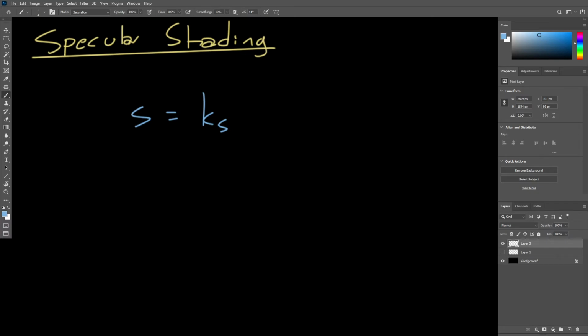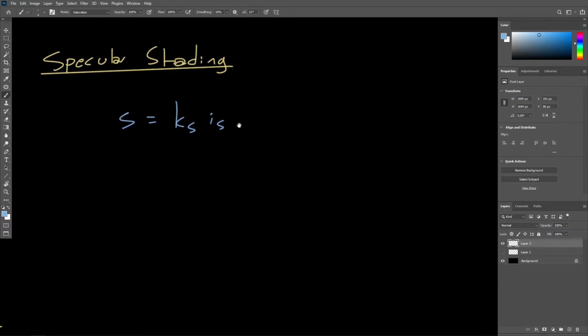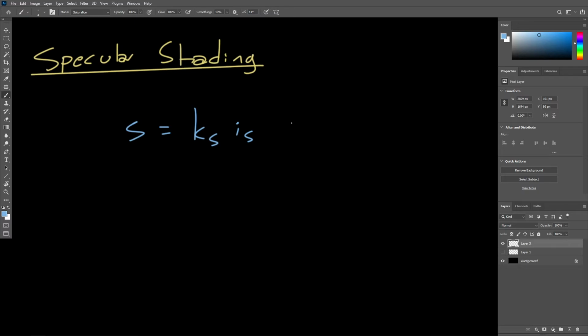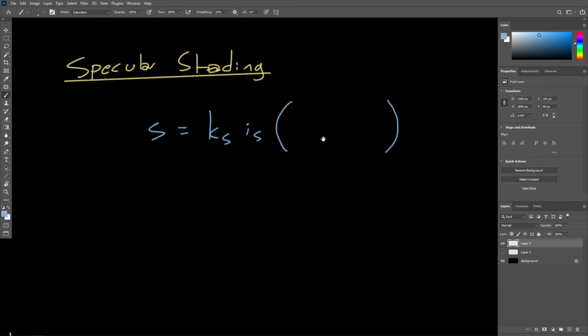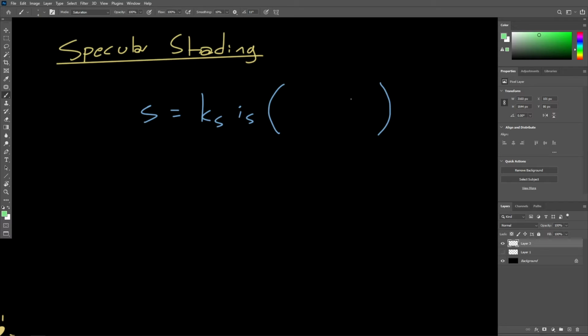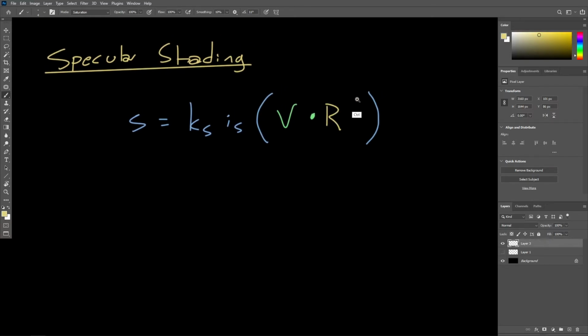And then we're also going to have the intensity of our light, so our specular light intensity. And then we're going to bring in another dot product here. However, this time it is going to be the dot product between the view vector and the ideal reflection vector. We'll talk about those in a second.